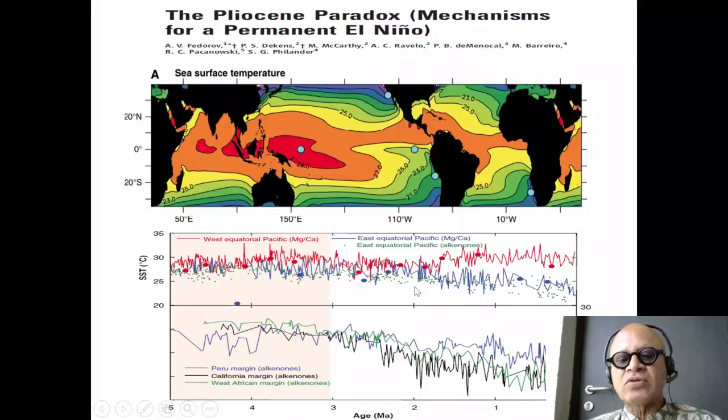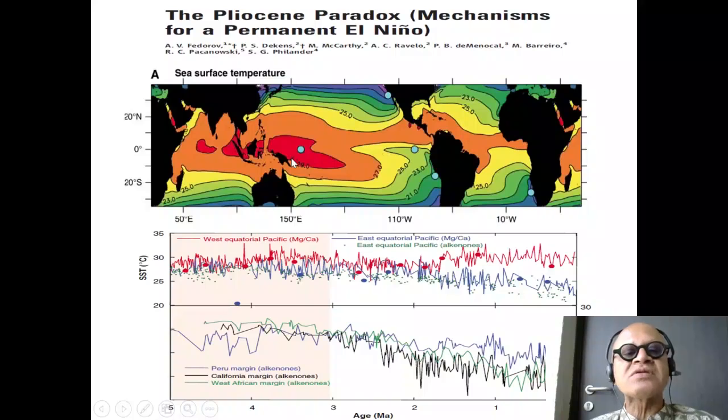But since about 2 million years ago, the east has cooled and the coasts have also cooled, including this coast here. So the east-west temperature gradients have gotten stronger in the last couple of million years.